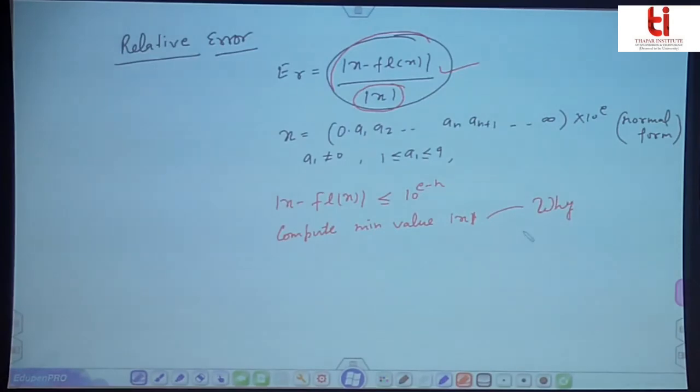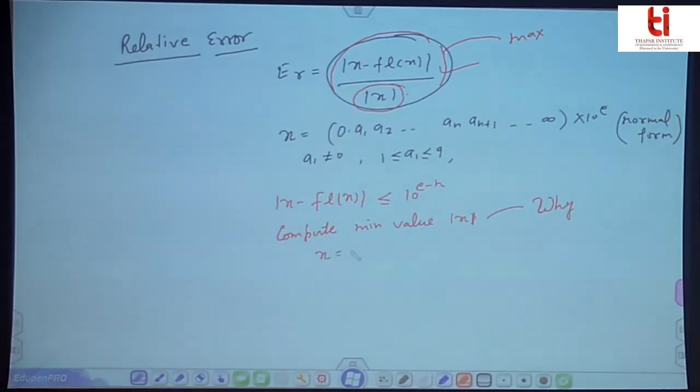Because it is in the denominator, and we are interested in finding the maximum value of this whole expression. To maximize it, we have to take the maximum value of x minus floating of x, because it is the numerator, and the minimum value of mod of x, because it is in the denominator, so that we can maximize the whole thing.